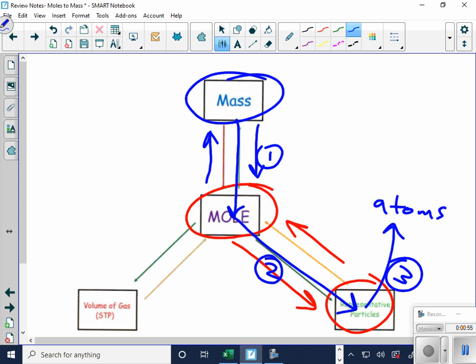I could do all of that in 3 steps just by doing the processes that we're going through, the factor label method. So what we are adding today is the mass, and we are going to need the molar mass to go from mass to moles. So it's just a different branch on our flux capacitor.